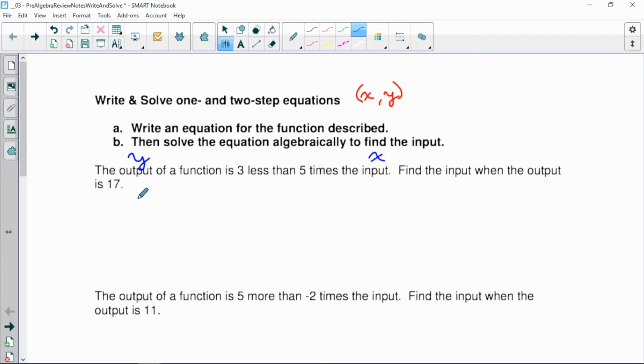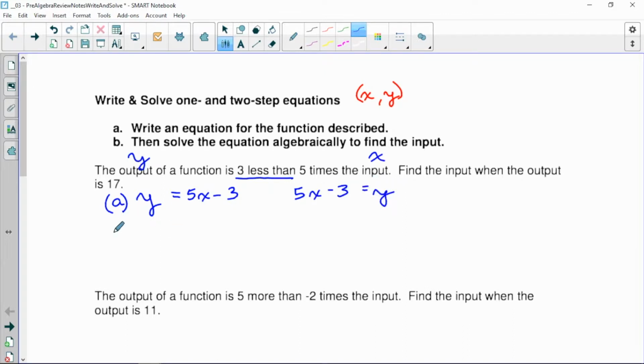So the output of a function, y, is 3 less than. You're taking 3 away from something. 5 times the input, 5x. My equation for part A is y equals 5x minus 3. You could also have 5x minus 3 equals y.